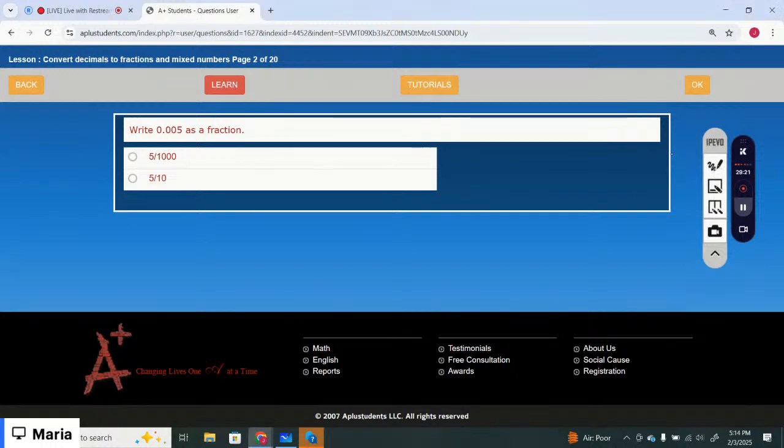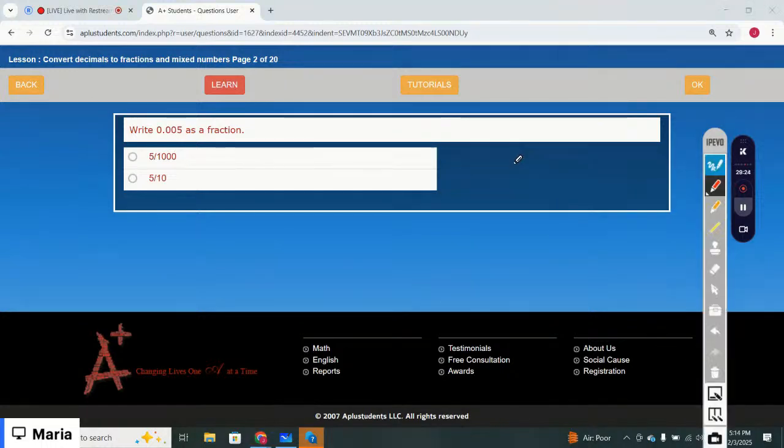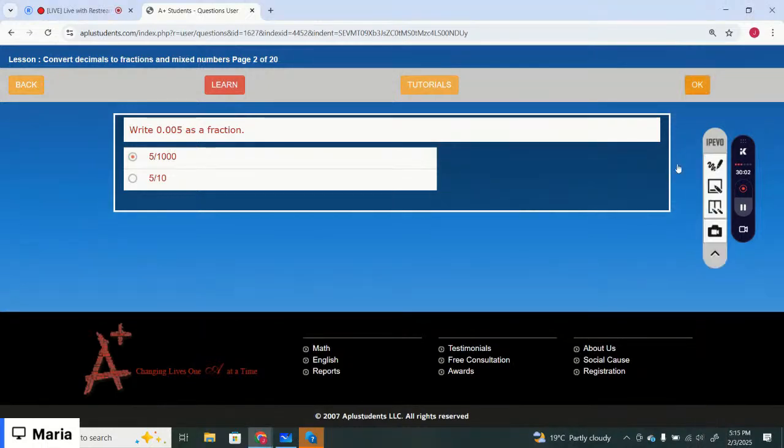So you have to put a 1 for the decimal point and add 3 zeros because you have 3 decimal places. That is 5 over 1000. Option number 1 is the correct option.